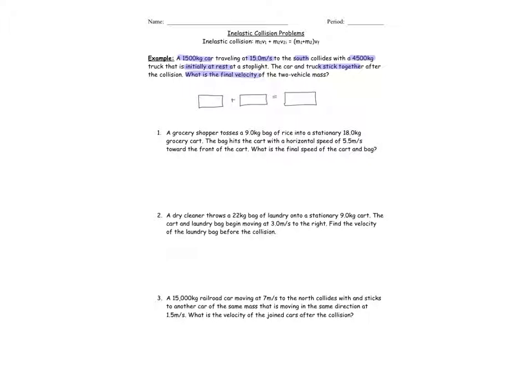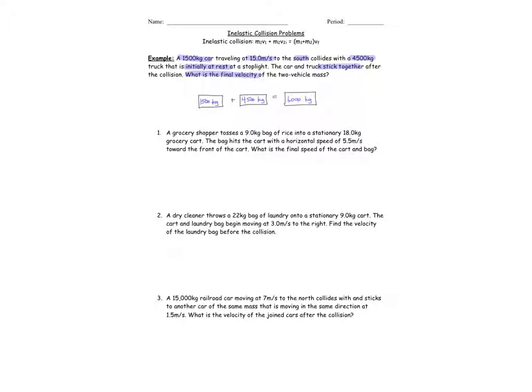So I've got a car with a mass of 1,500. I've got a truck with a mass of 4,500. And combined, they will form a mass of 6,000. So 4,500 plus 1,500 gives you a combined mass of 6,000.